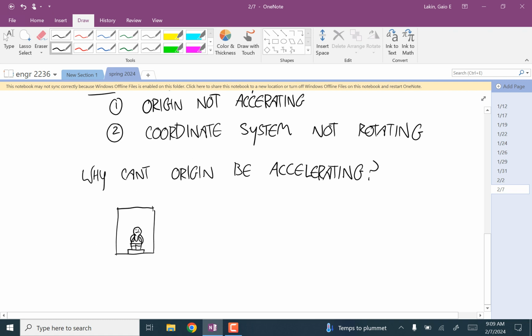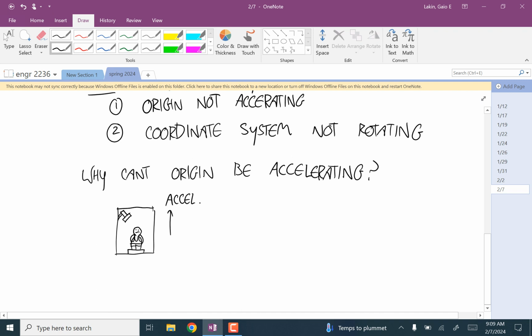And let's say that the elevator is accelerating upwards. Okay, and this person's acceleration is being measured by the coordinate system represented by that camera. Okay, well, if there's no acceleration, then, you know, he's standing on a scale here that's measuring his weight.